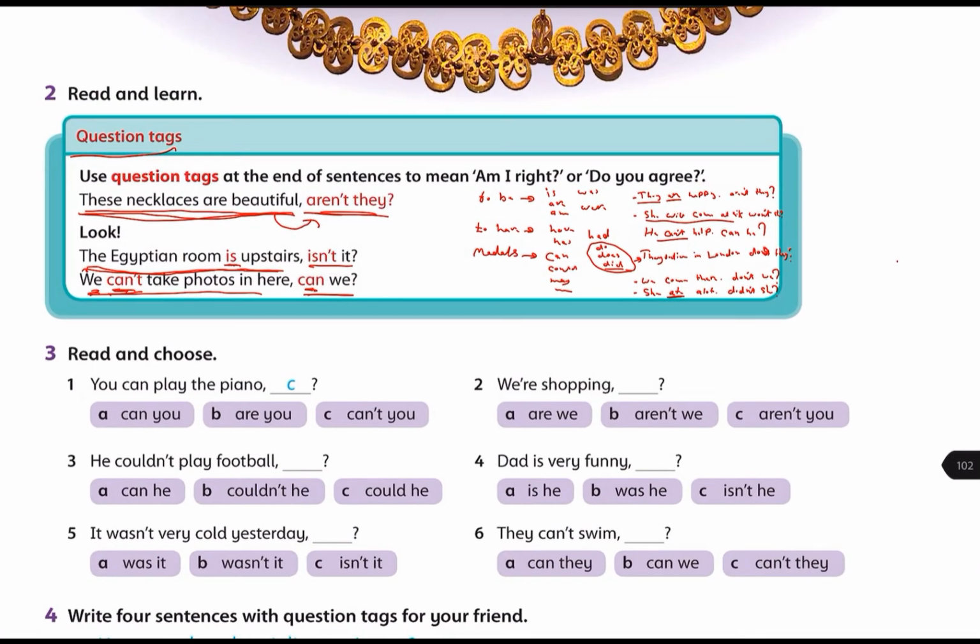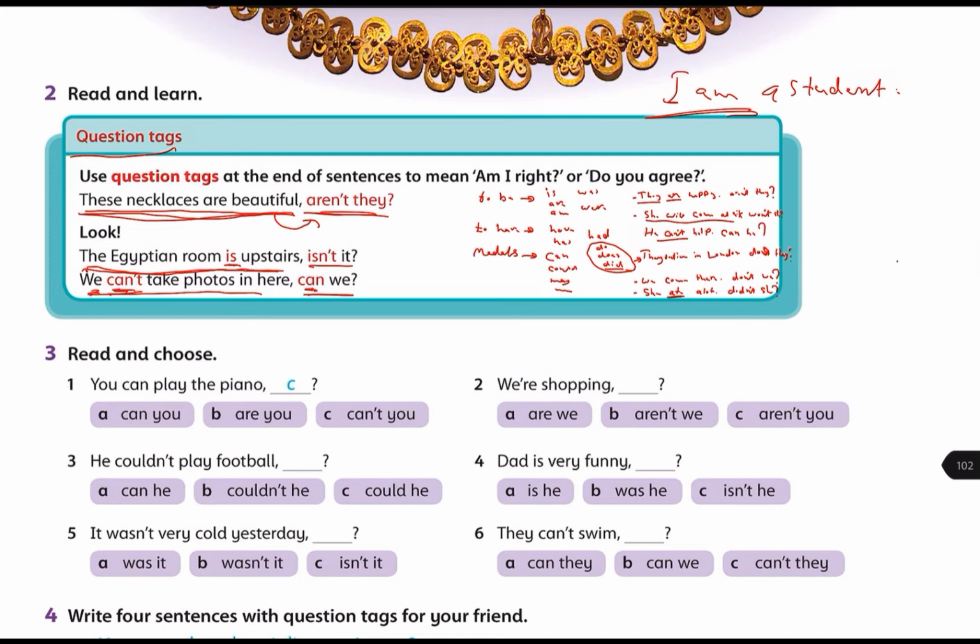Just there's one exception. There's one new rule. It's a small rule that I want you to understand. For example, I am a student. What shall we do in this case if we have am I?